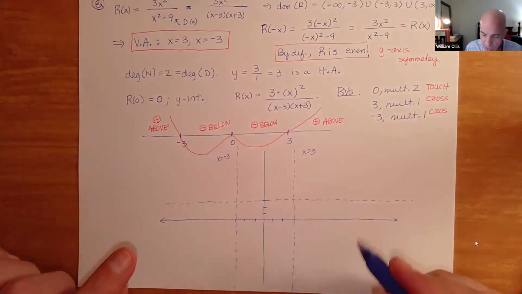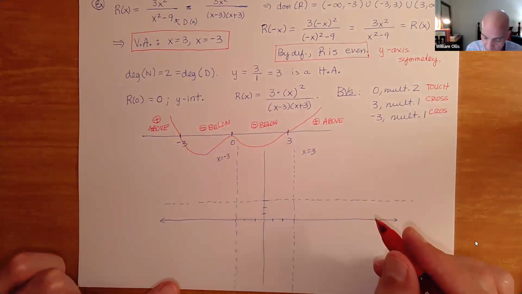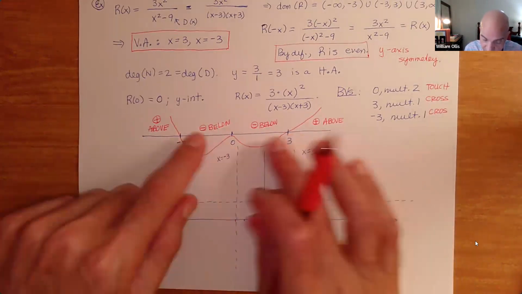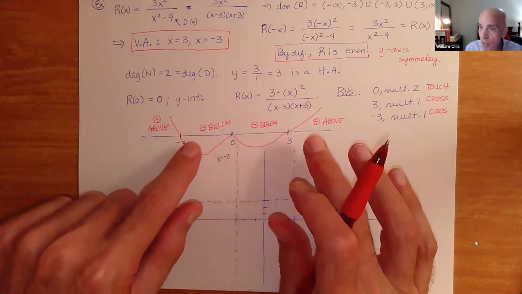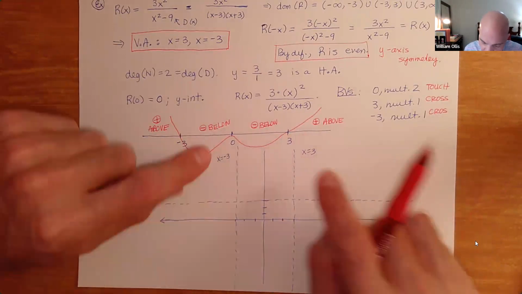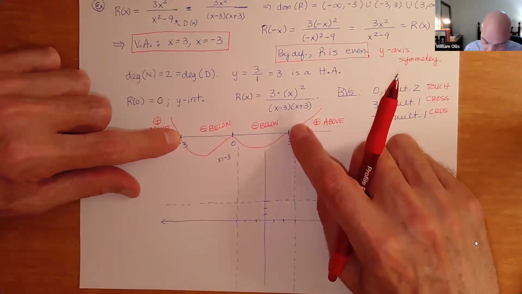Now notice, what's interesting about this particular graph is that now we can use the sign convention to figure out what sign we affix to infinity. So let's do the simple part first. Let's go between negative 3 and 3.